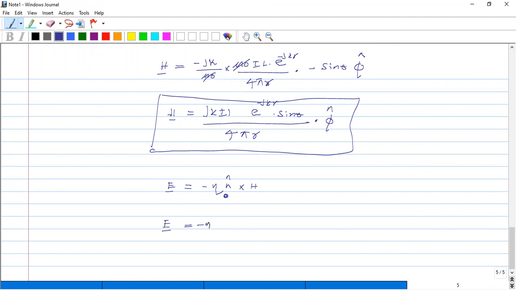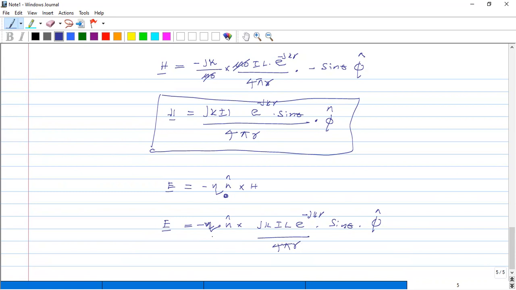So that is neta, n hat into this one, so it will be jk Il e to the power minus jkr sine theta 5 hat divided by 4 5 r.